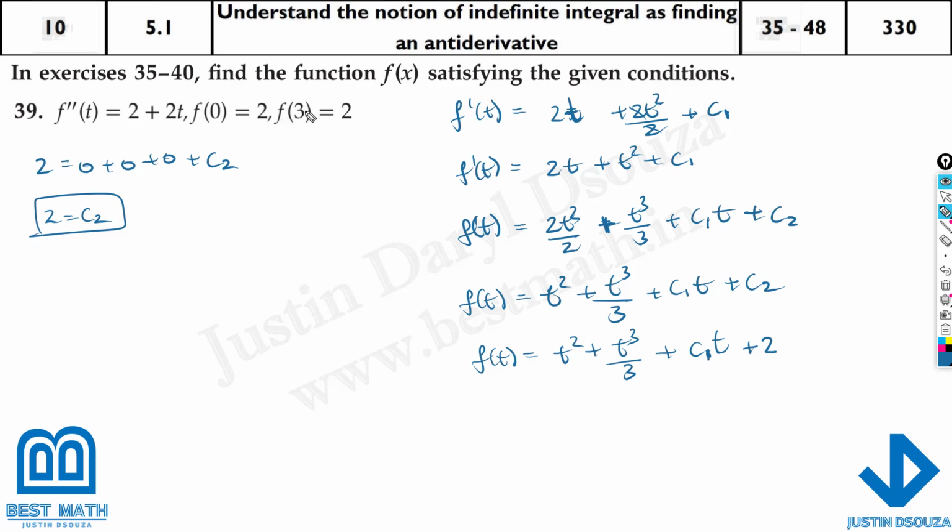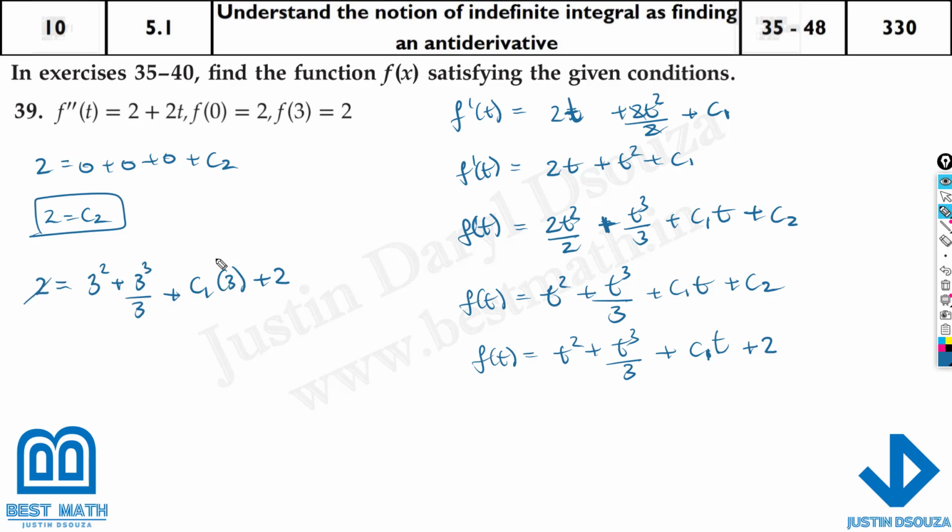This condition says x is 3, or the t value over here is 3, and the total final value will be 2. So it's 2 is equal to 3 squared plus 3 cubed by 3 plus C1 times 3 plus 2. You can put all this directly in the calculator and get the answer, or you can solve it manually.